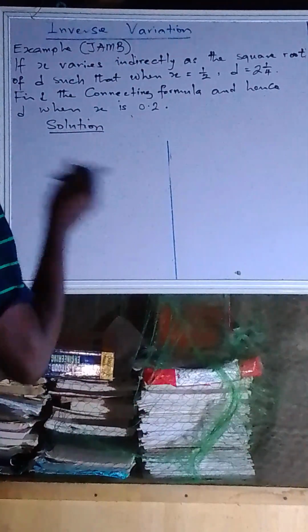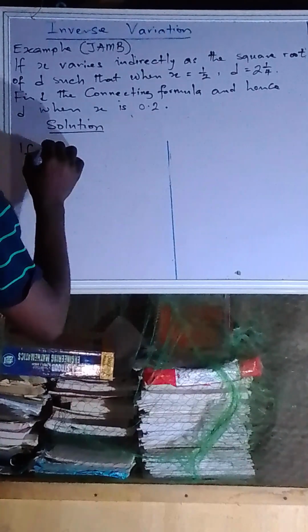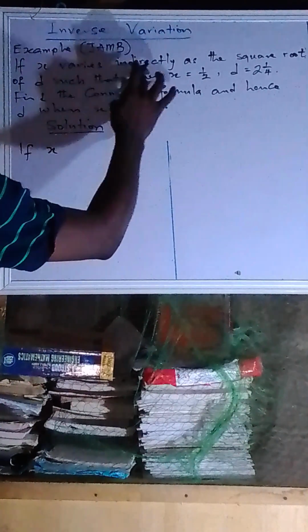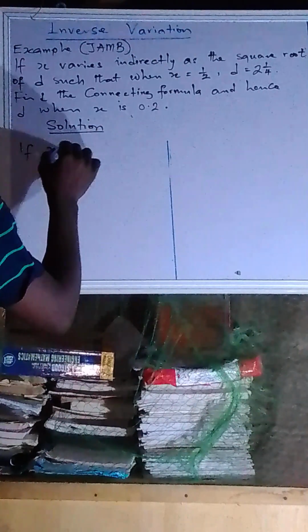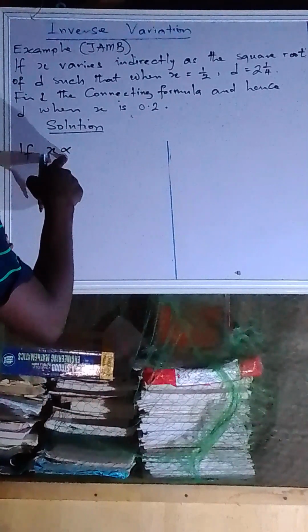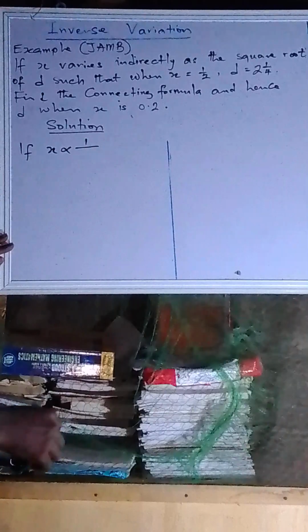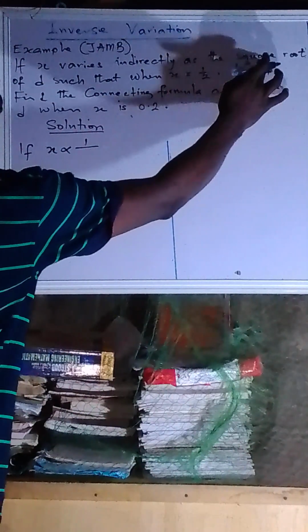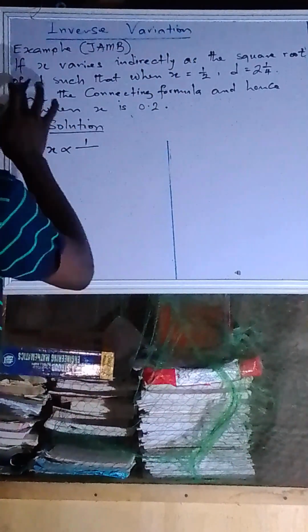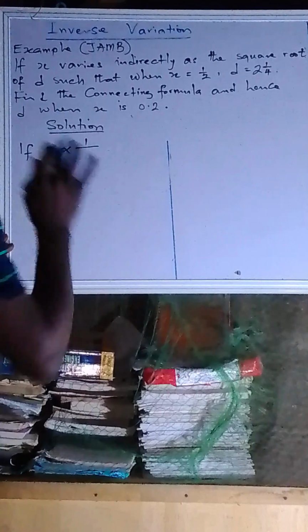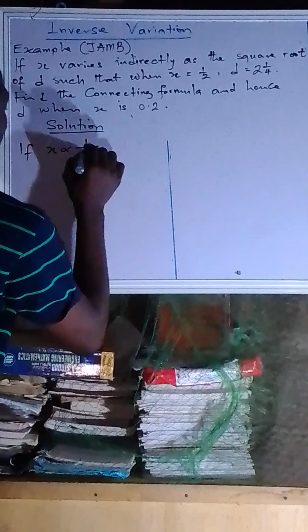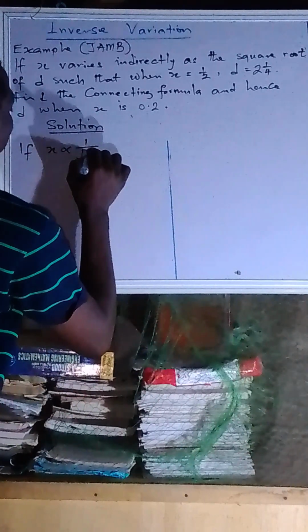Let's go. If x varies indirectly, this is the symbol for vary, indirectly, 1 over, as the square root of d.